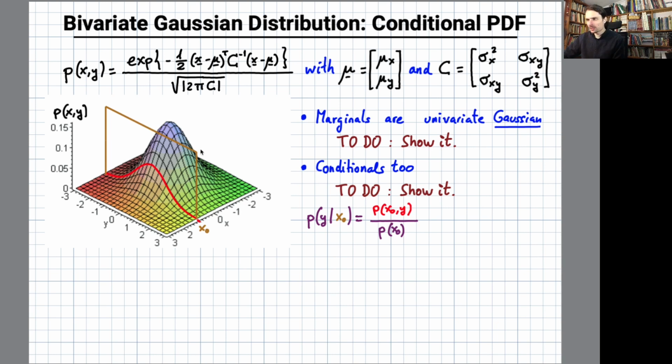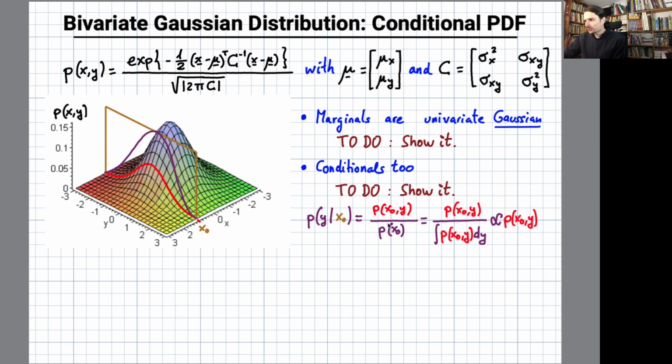So this amounts to just slicing this Gaussian bell along this plane where x equals x0, right? And the intersection of that plane and this two-dimensional Gaussian bell will yield the numerator in this expression, right?